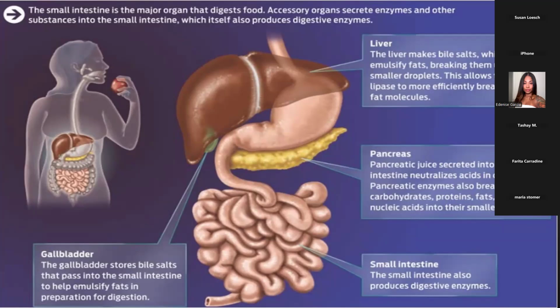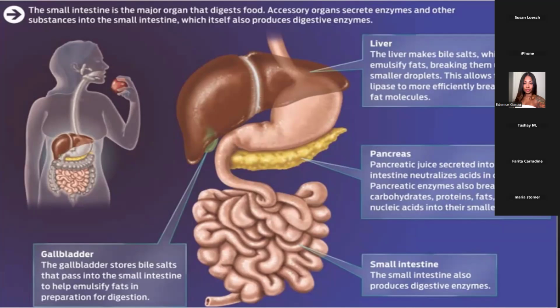Then you have the pancreas. Pancreas is going to secrete some of those enzymes that we need into the small intestines and is going to break down carbohydrates, proteins, fats into the smallest units so that the body will be able to use them however it needs to.